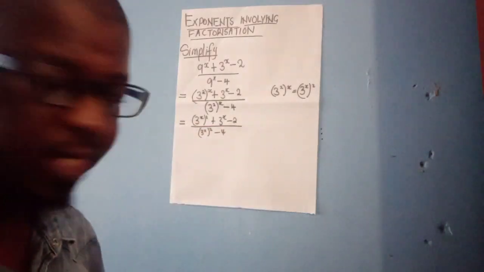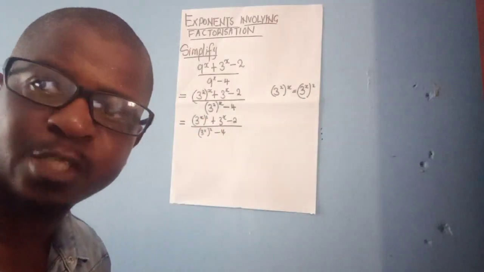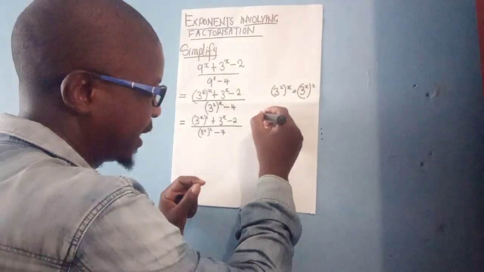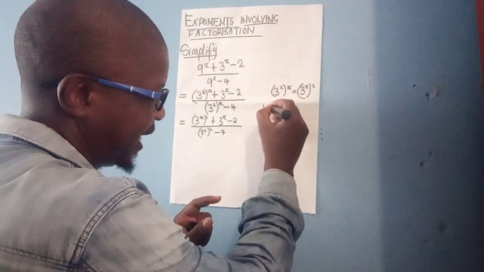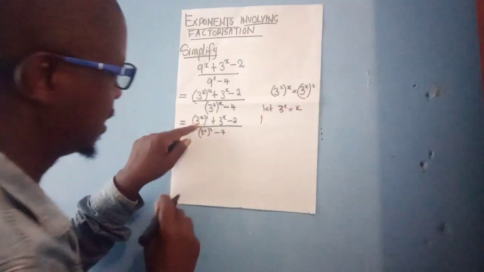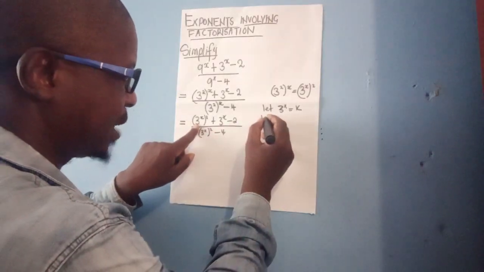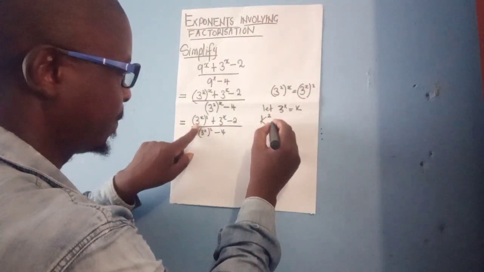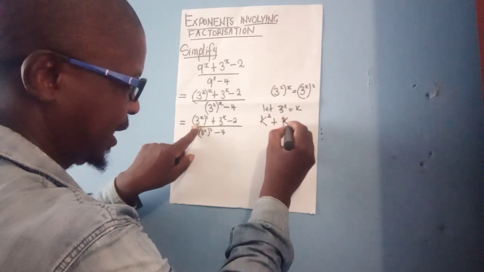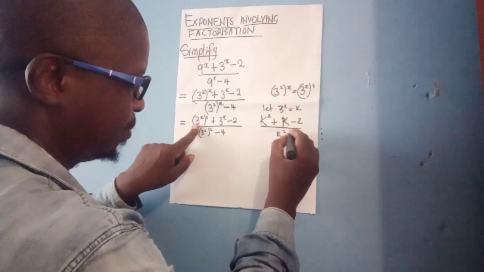As you can see now, because we have a 2, that expression is already a quadratic expression. So I can take it in this manner: if I let 3 to the power of x equal k, I'll have k squared plus k minus 2 over k squared minus 4.